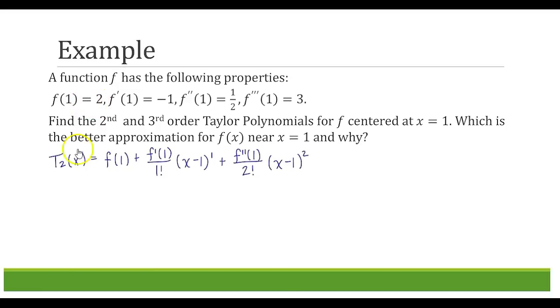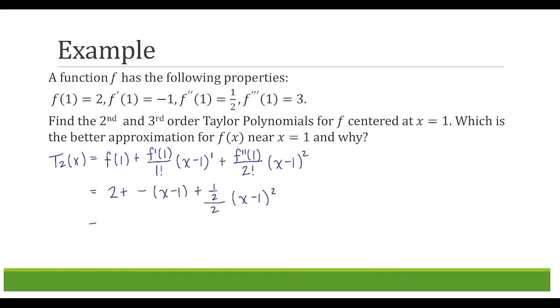So f of 1 we were given is 2, so we have 2 plus, well, f prime of 1 was negative 1, and 1 factorial is 1, so we simply have minus x minus 1 to the first power, and then we have plus the second derivative at 1, which is 1/2, over 2 factorial, and 2 factorial is 2 times 1, which is just 2, times x minus 1 squared.